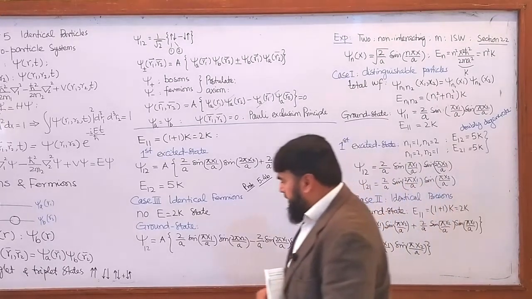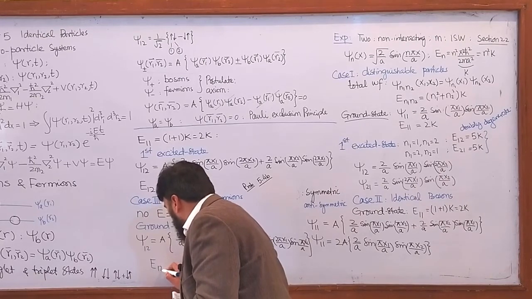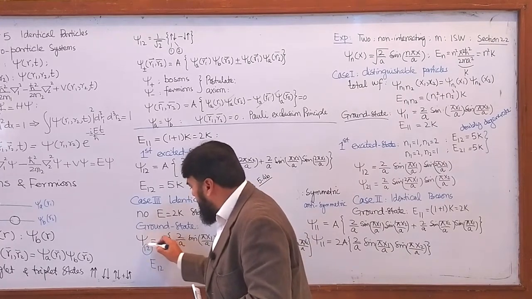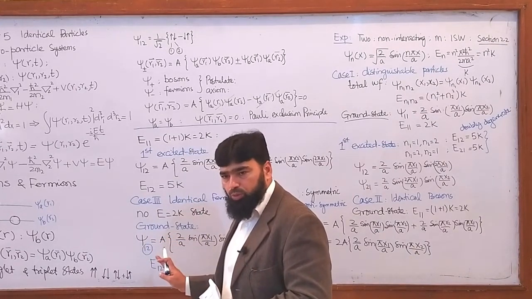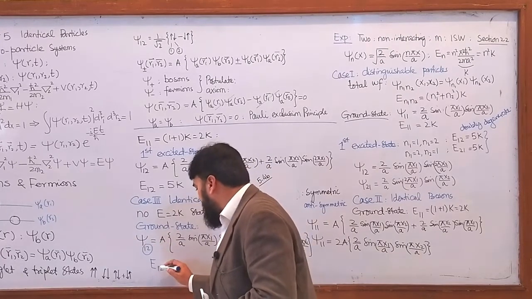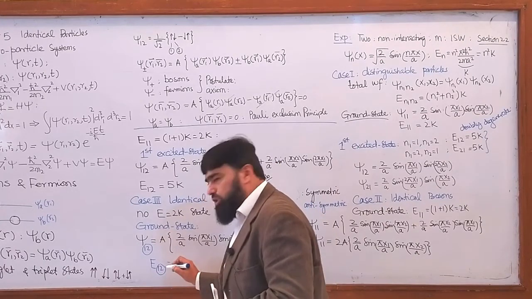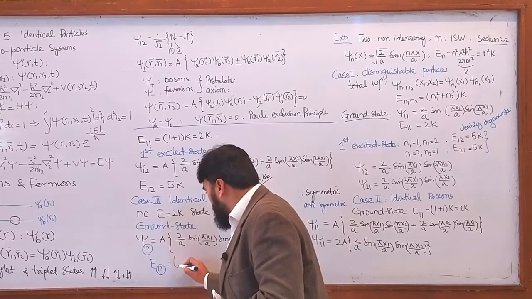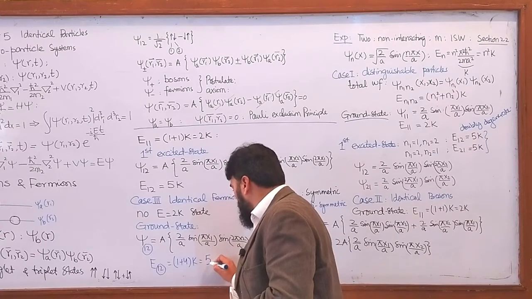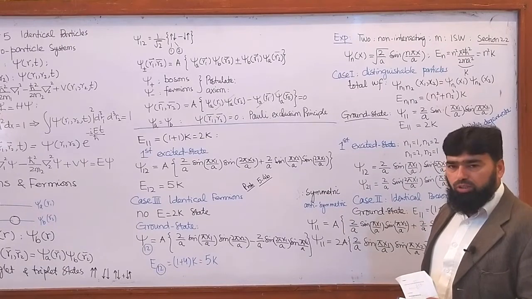The energy of this state, the energy of the 1, 2 state, or in fermions I will not call this 1, 2, but just to make you understand. This is just psi, the ground state psi, and this is just the energy of the ground state. But in 1 is 1 and in 2 is 2. So I will have 1 plus 4k, and this is equal to 5k. You got the point? Yes, sir.